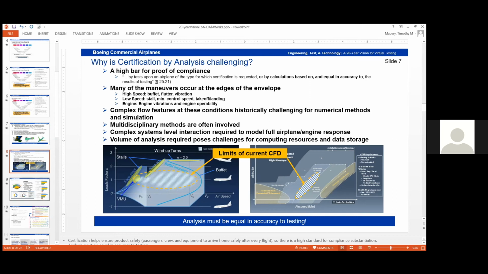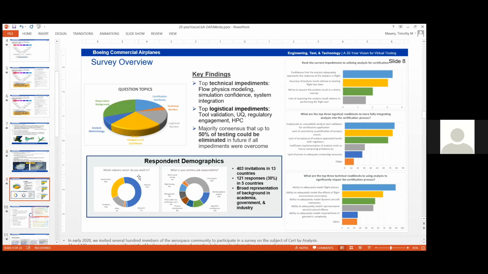So at the beginning of last year, in January of 2020, we invited several hundred members of the aerospace community to participate in a survey. We got about a third of those responses back, about 120, from a wide variety of backgrounds and expertise.